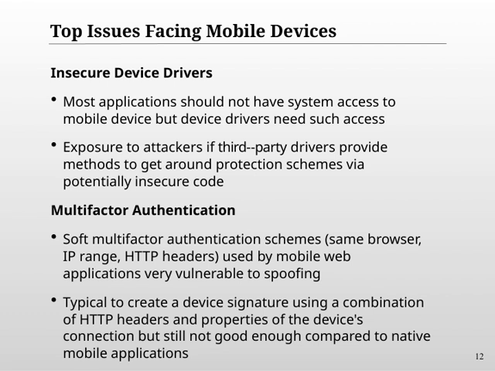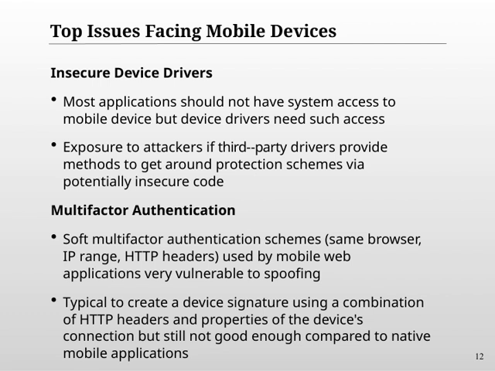Next, let's talk about multi-factor authentication. In the mobile world, many web applications rely on what's called soft multi-factor authentication. This usually involves verifying the user based on something like the browser, IP address, or HTTP headers. While helpful, these methods are quite vulnerable to spoofing because they rely on easily manipulated signals.